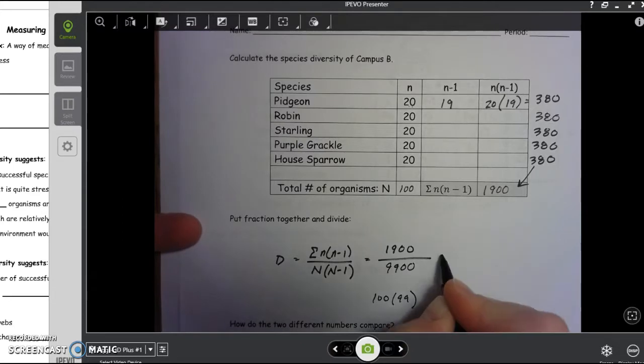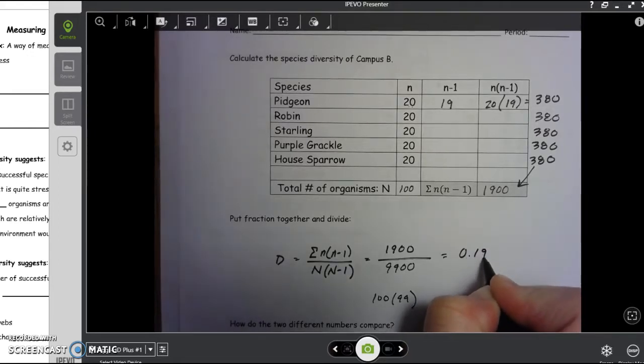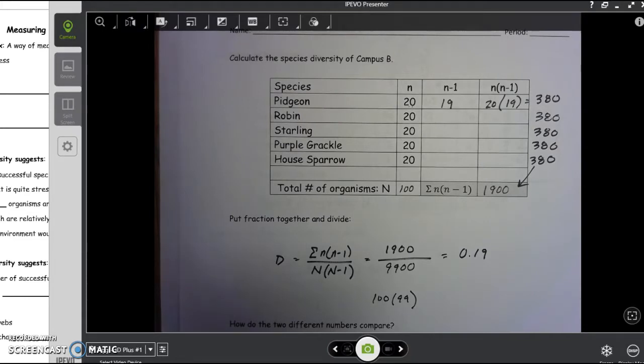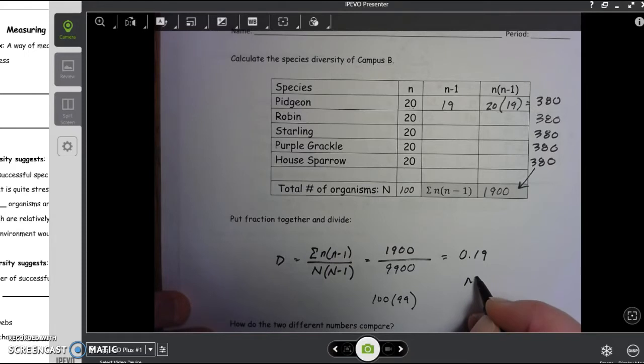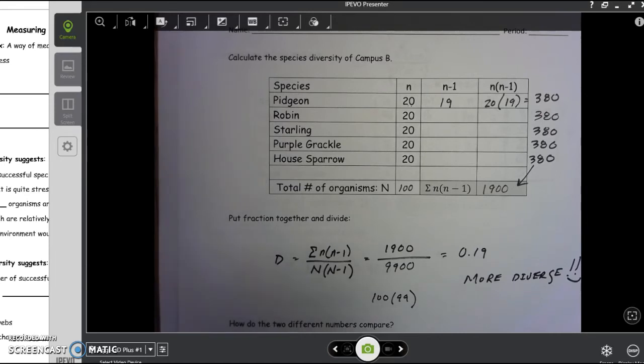We simply divide these two, and we get a number that is much closer to 0. And so we can say that this is more diverse. I hope that helps you understand how to calculate the Simpson index.